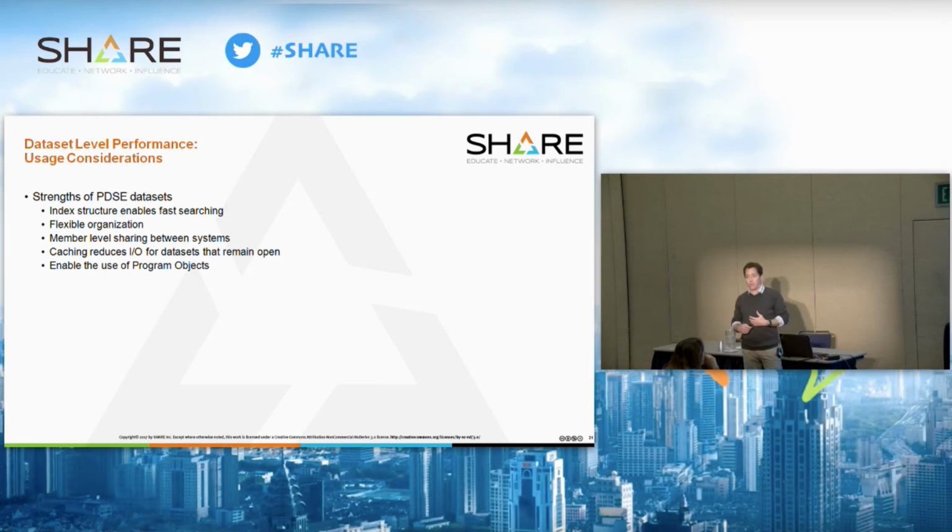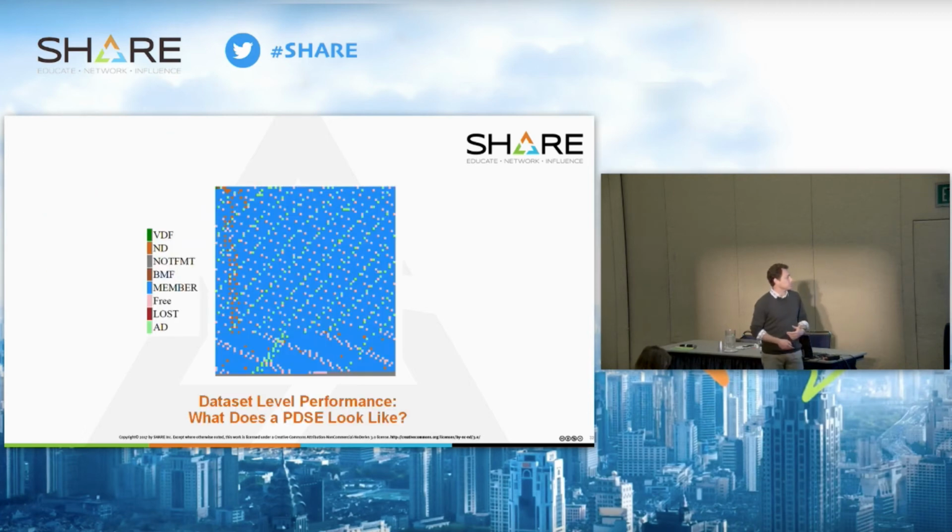Our organization is flexible. So again, we don't have gas in PDSEs. We can reuse any area of the data set as needed. And I'll show you that in the graphic in just a second. We have member level sharing between systems. We have caching, so that's going to reduce I/O usage for things that remain open for a while. And of course, we enable the use of program objects, which have way more bells and whistles than load modules and are really what everything's going to be in anyways in the future.